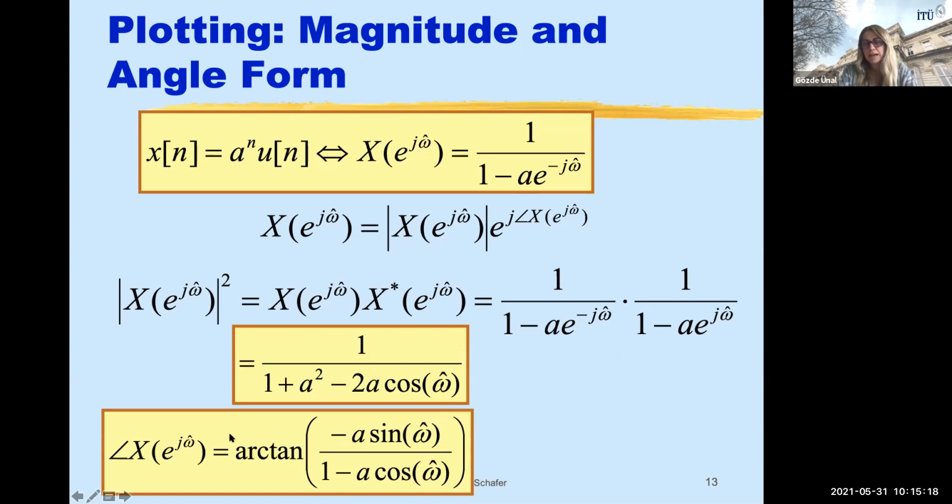Also, the phase can be found by, of course, dividing: this would be the numerator phase over the denominator phase, right? Minus a sine omega hat.